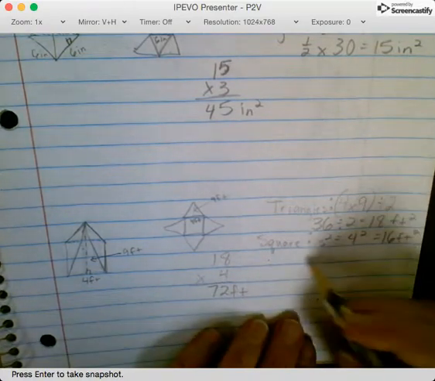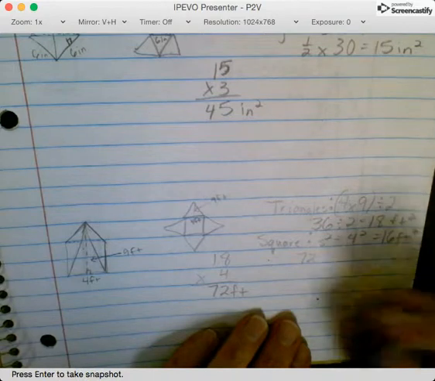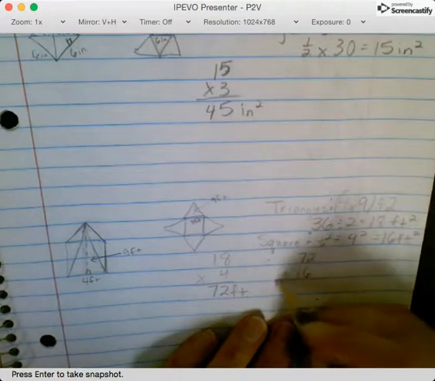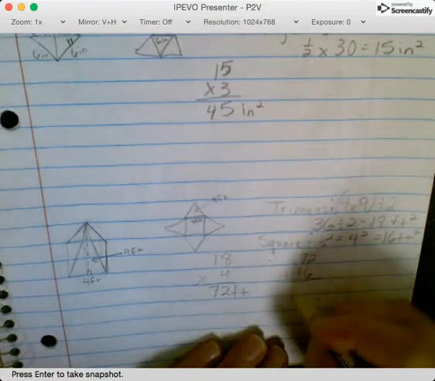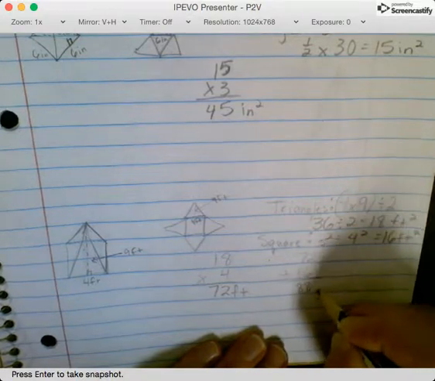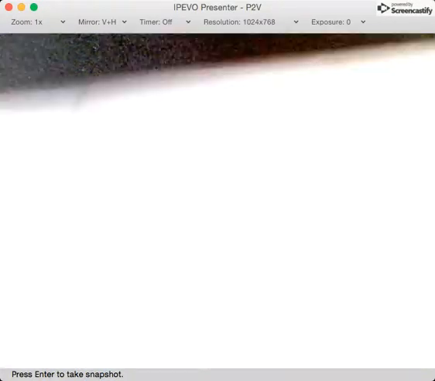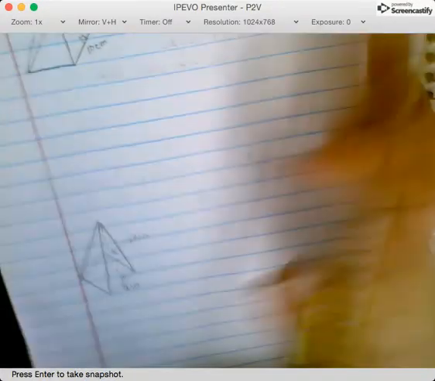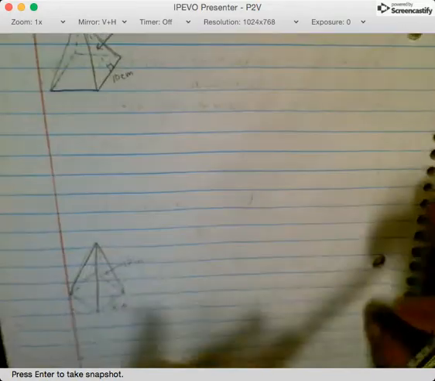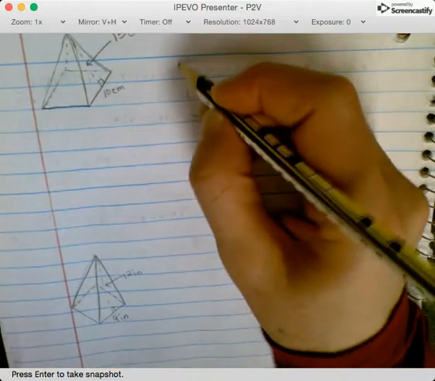And then I add that to my square. So 72 plus 16, and that gets me 88 feet squared. Okay, so let's do some more with square pyramids. I don't know what all I'll have time for, but I'll try to get through a couple more examples.